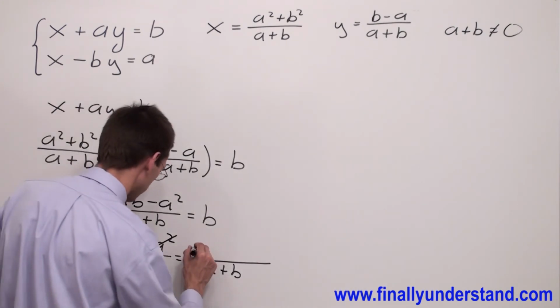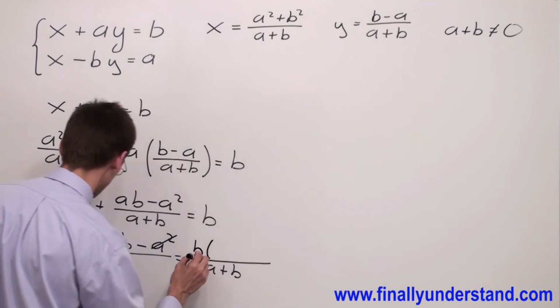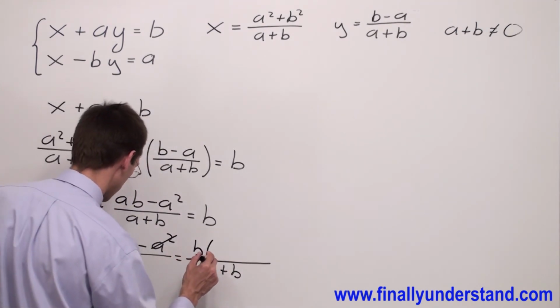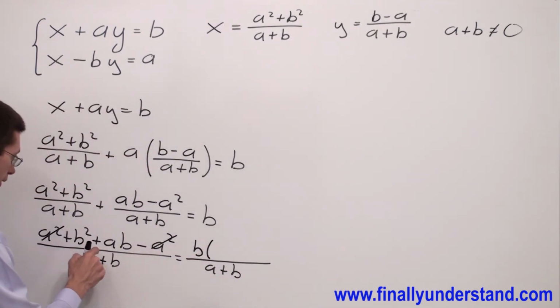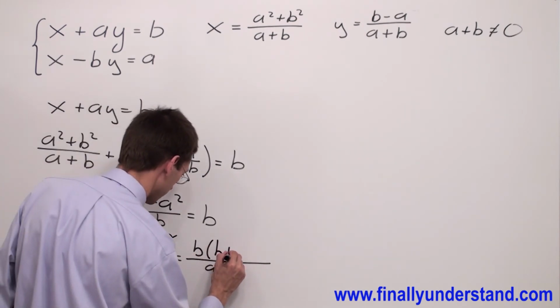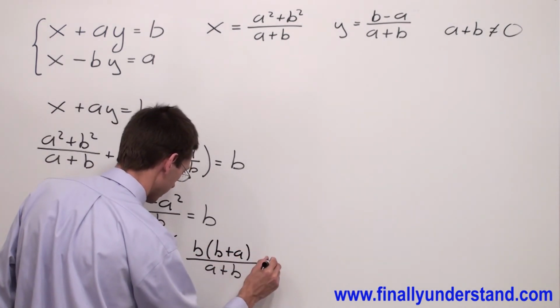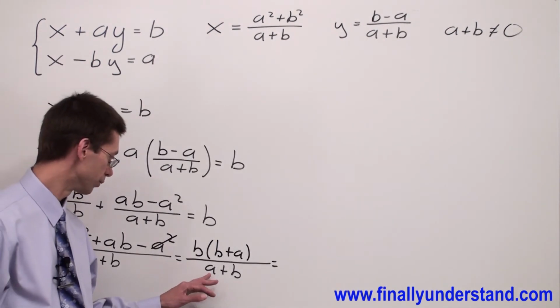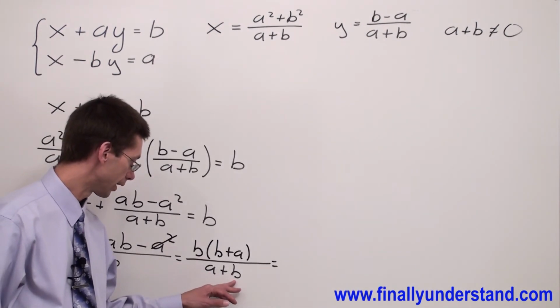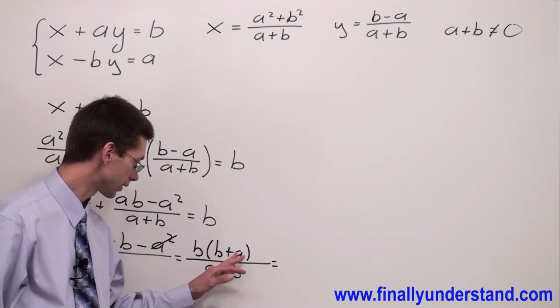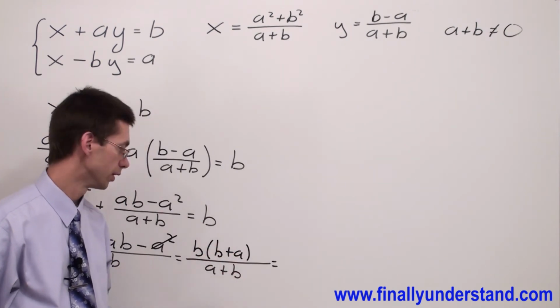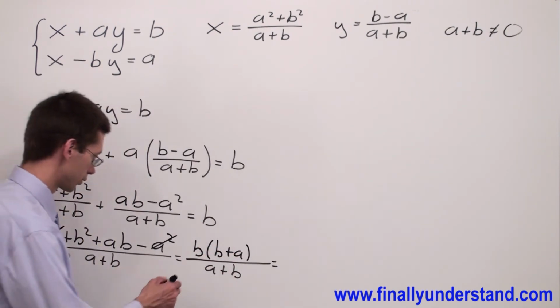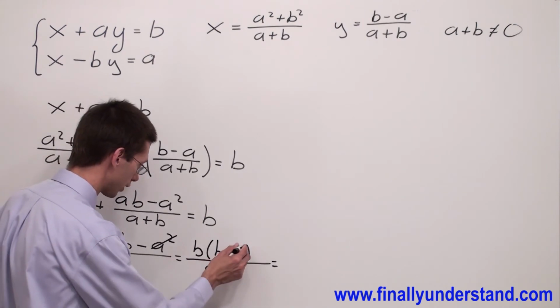That's why I'm going to have b, and inside of the parentheses I'm going to have b plus a. Now, please notice that we have in the denominator a plus b, and in the numerator b plus a. This is basically the same term. That's why I'm going to cancel this out.